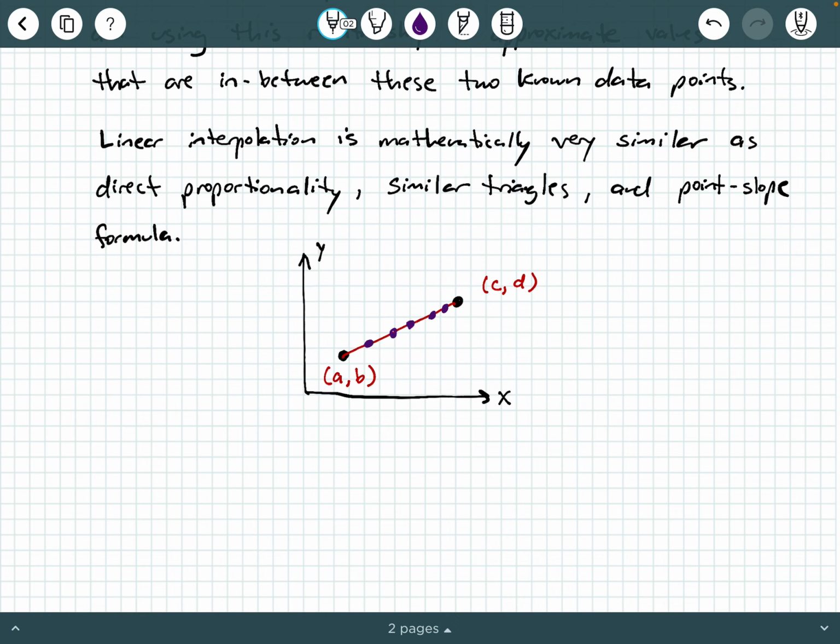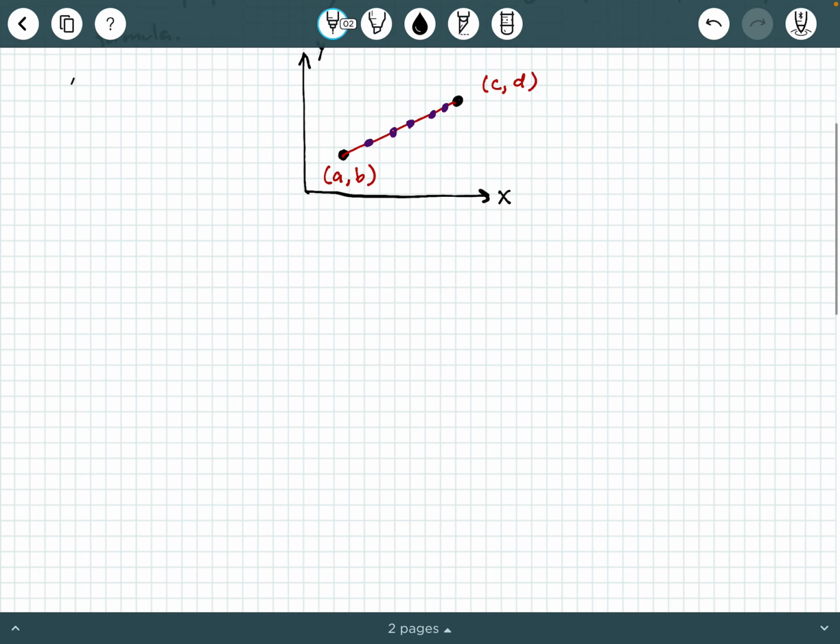So let's go ahead and jump right into an applied example. Let's say example, and we always like to start with the word given.